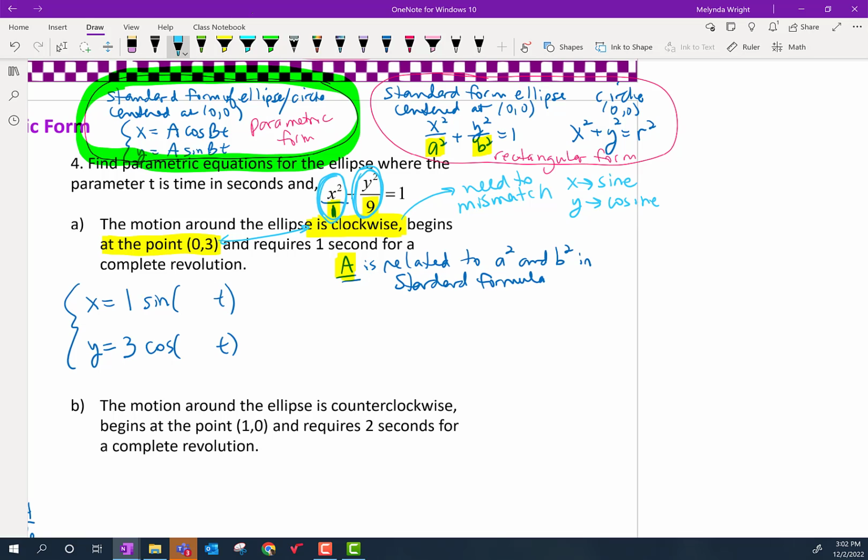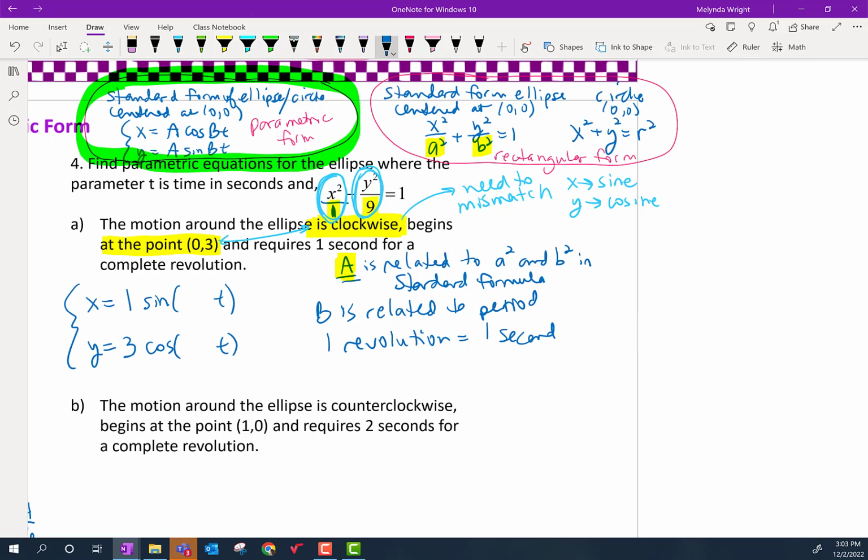Okay, so let's talk about where the b comes from. B, we know, is related to the period. This says 1 revolution equals 1 second.